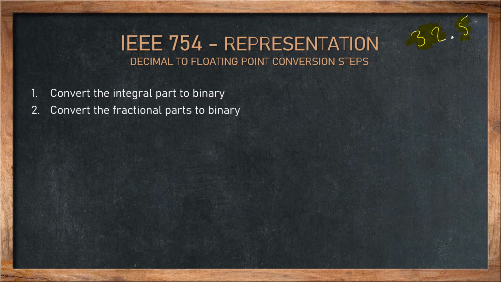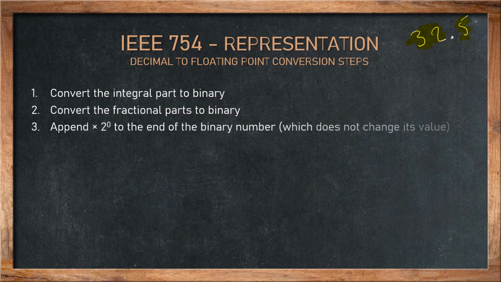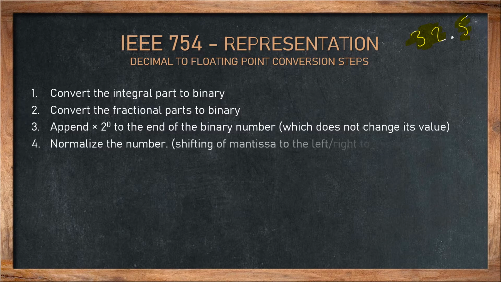So convert that. After doing that, simply append 2 raised to 0 to the end of the binary you get for 32.5. After appending 2 raised to 0, normalize the number. We know how to normalize the number, right?